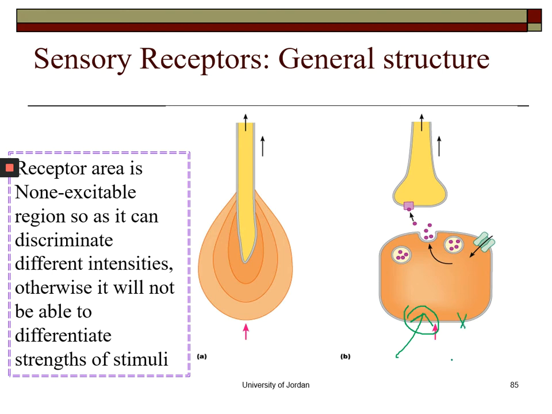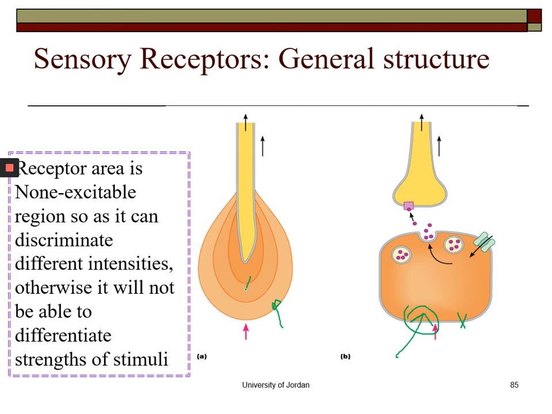And the change of the membrane potential here is called receptor potential. Now, when the receptor area is the terminal part of the afferent neuron, the change in the membrane potential is called generator potential. But I use both of them interchangeably. I don't differentiate because there is no difference, it's just a name.